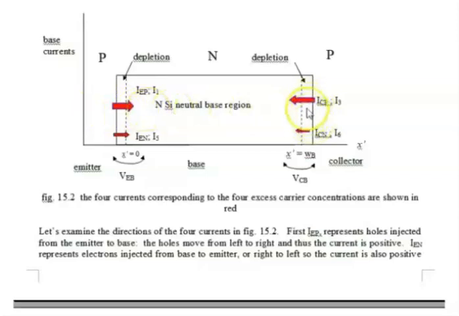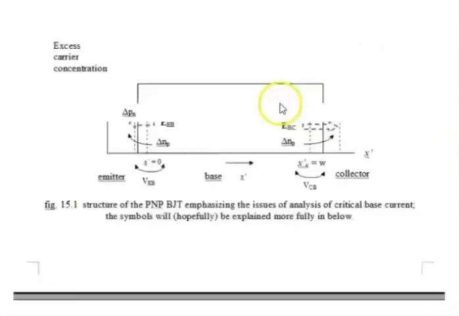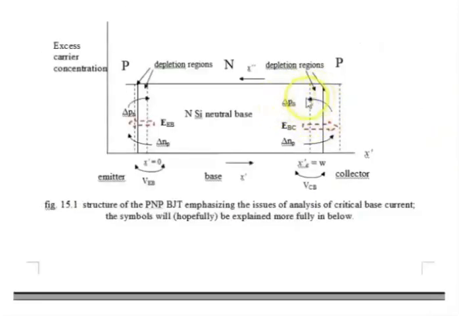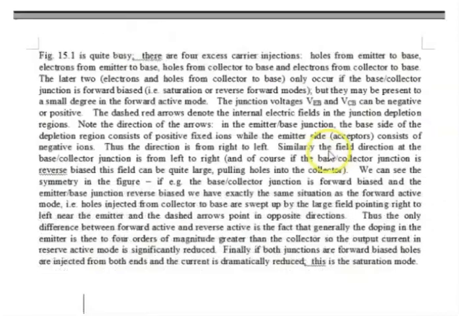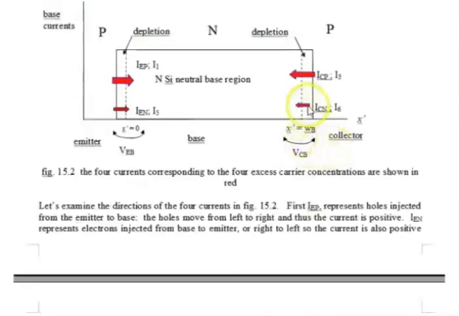At the other side it is the exact opposite. Hole current goes from right to left. That's here, that injection, and this injection, because it's electrons injected from the base into the collector, the current goes in the opposite direction. And I've labeled those 1, 3, 5, and 6.